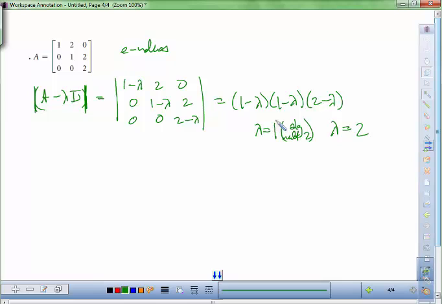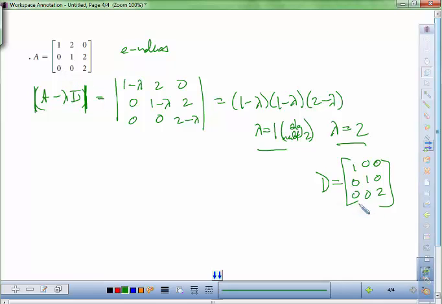But before we jump into eigenvectors, because we now know the eigenvalues, we can have a matrix D with these eigenvalues: 1, and then 1, and then 2, and zeros everywhere else.